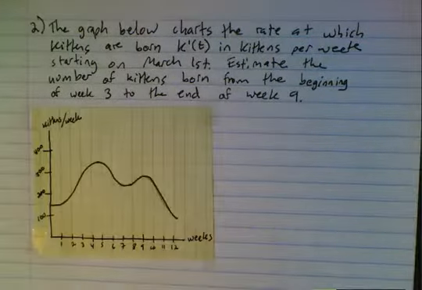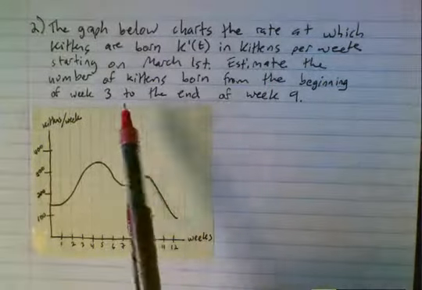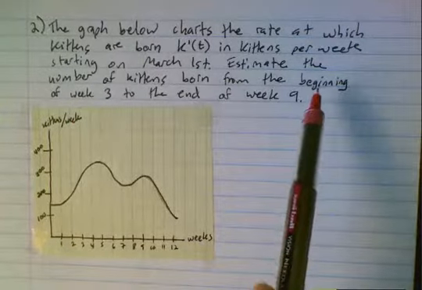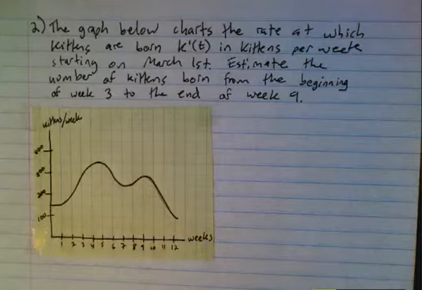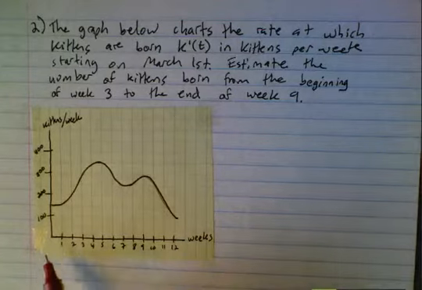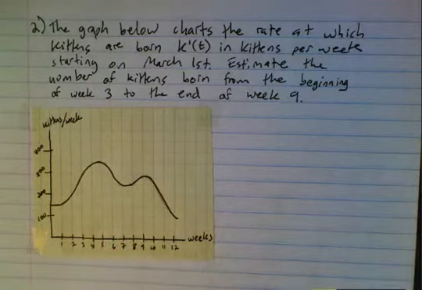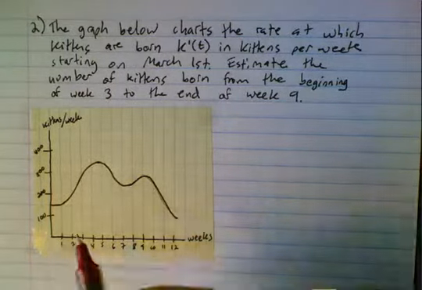Now, notice there's something a little bit strange about the wording here. Number of kittens born from the beginning of week 3 to the end of week 9. They were starting and ending at different places in the week. So when we look down here at this week's numbers right here, notice that each of these, this is a whole week. There's a whole 7 days in between 0 and 1, another 7 days between 1 and 2, and so on and so forth. So if we think about what we mean by the first week, it starts at 0 and ends at 1.